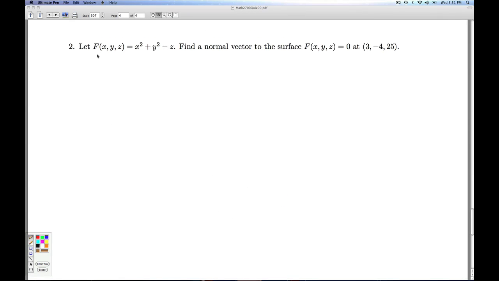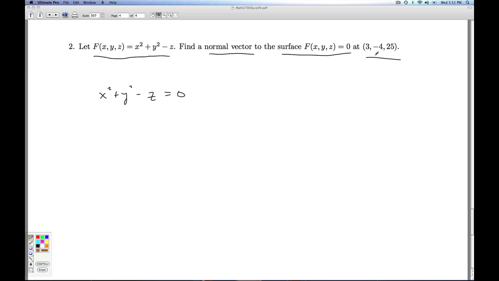Alright, number 2, we're given a function of 3 variables. We're asked to find a normal vector to this surface at this point. Okay, so the surface in question here, f of x, y, z equals 0, would be the surface x squared plus y squared minus z equals 0.